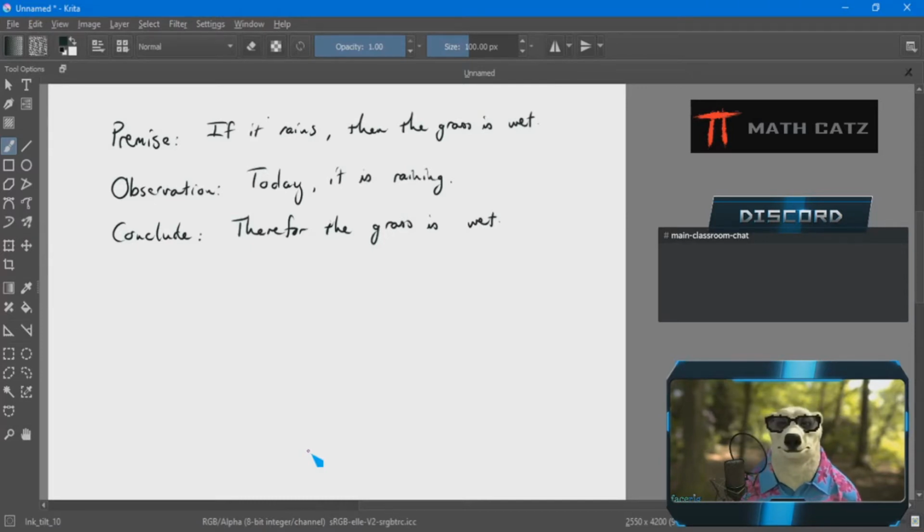Maybe let's write conclusion here. Conclusion. So I want to make it as simple as possible to understand how deductive reasoning works in essence.